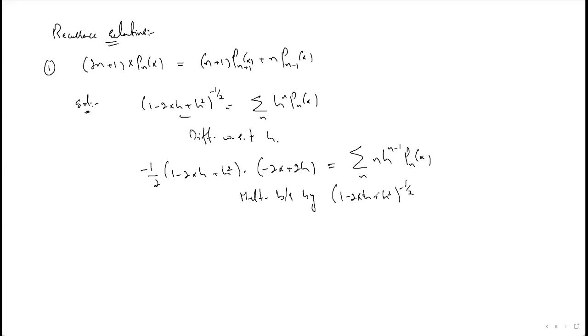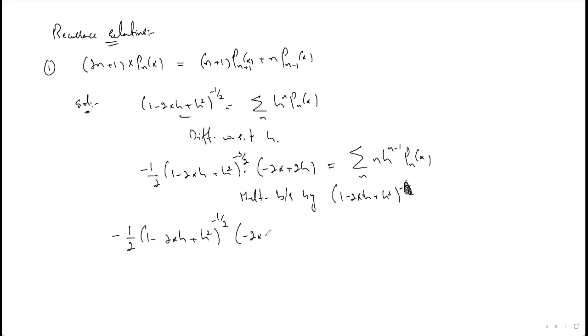So when you multiply both sides, it will be minus 1 by 2 into (1 minus 2xh plus h square) raised to power minus 3 by 2, and with the factor 1 minus 2xh plus h square, the power becomes 1 by 2 minus 1 by 2, which is minus 3 by 2 plus 1.